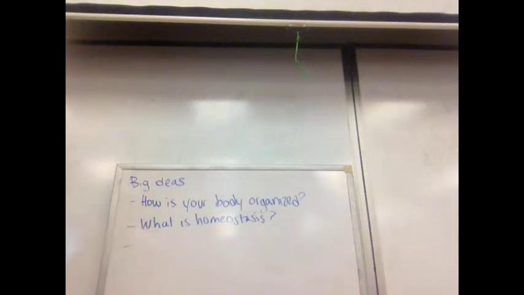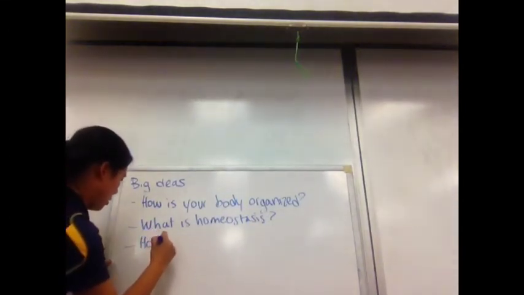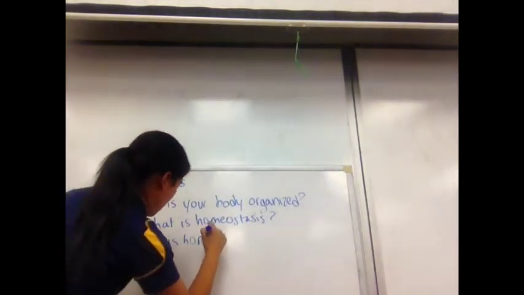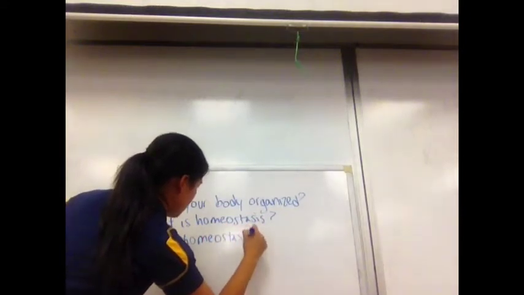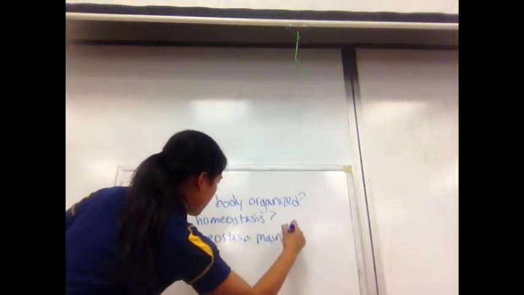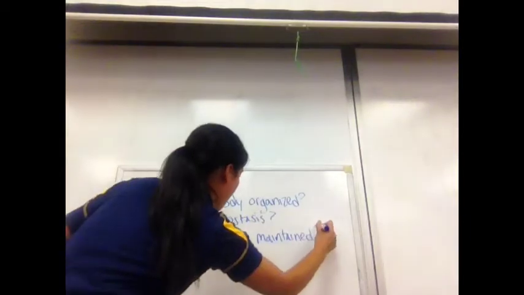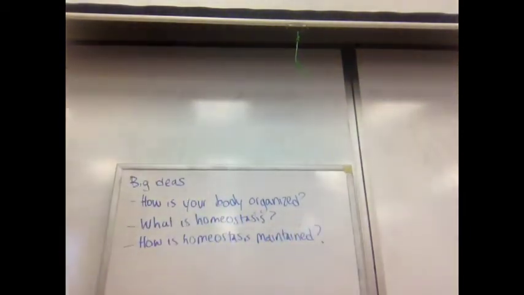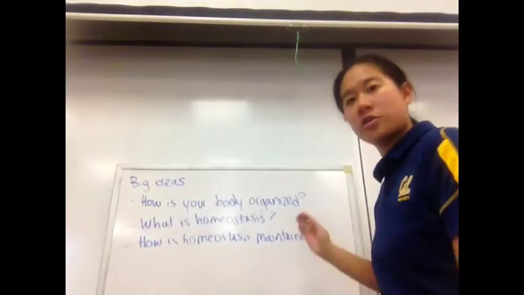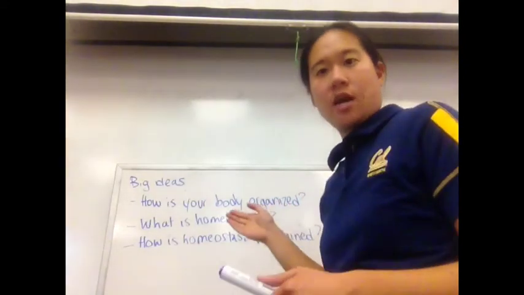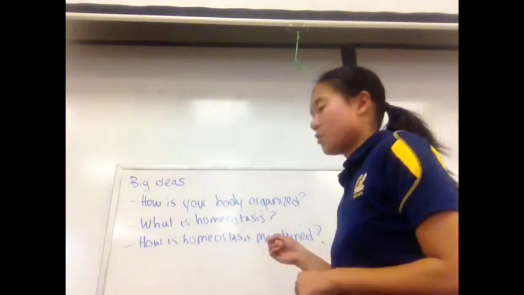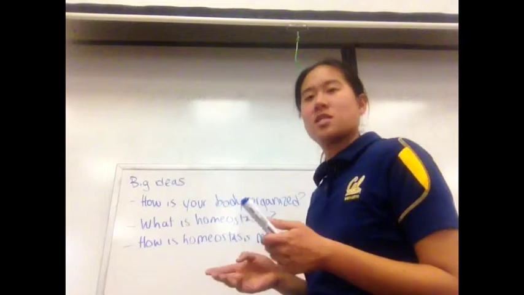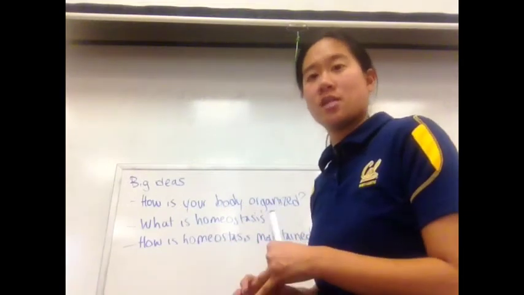And lastly, how is homeostasis maintained? So those are the three big ideas for today's lecture. While you're thinking about these, you also want to take some time to think about the upcoming lab and maybe think of ways that you can disrupt homeostasis and maintain it.